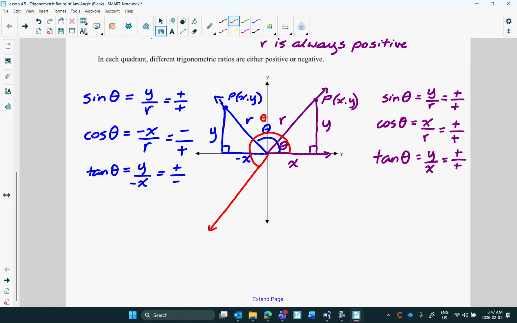What about if we have an angle that extends into quadrant 3 between 180 and 270? Well, to create a triangle in quadrant 3, we have a point on the terminal arm, and then we draw a vertical line to the nearest x-axis, and we've got ourselves a right triangle where we're using the reference angle to find the trig ratios.